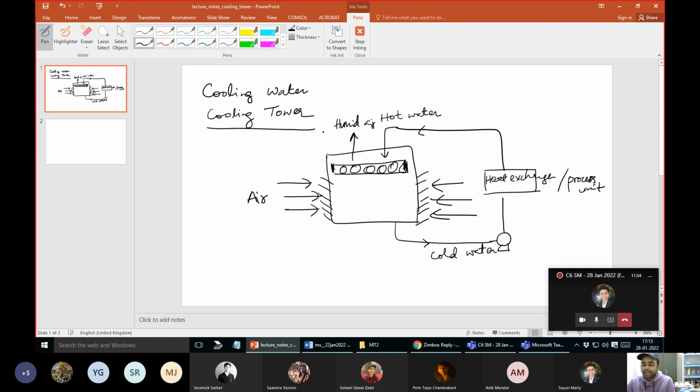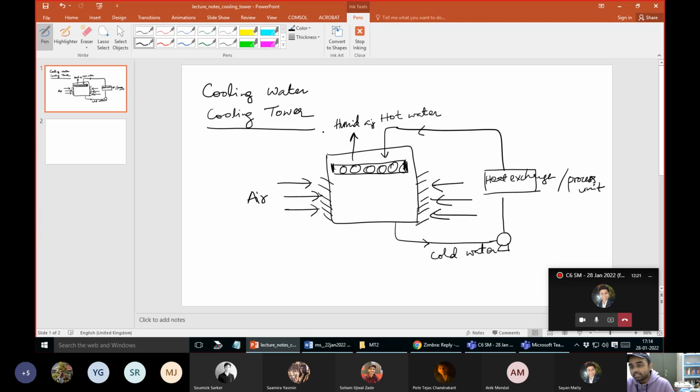Now the factors which directly affect the performance of the cooling tower are the temperature of air, the temperature of the incoming water, and the contact efficiency of air and water in terms of the mass transfer coefficient, because as you can understand, it is both a heat transfer as well as a mass transfer operation.